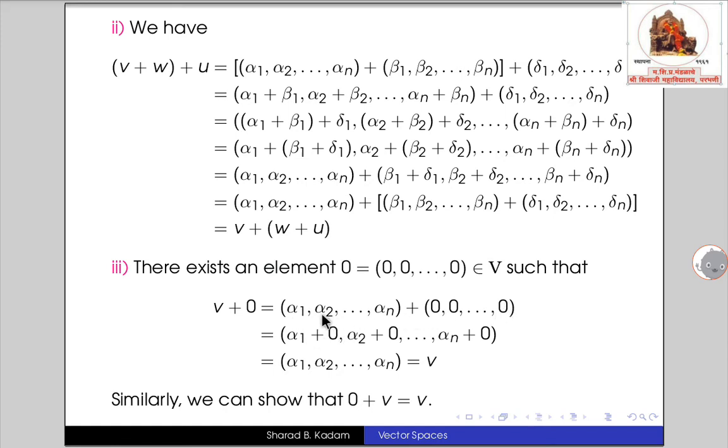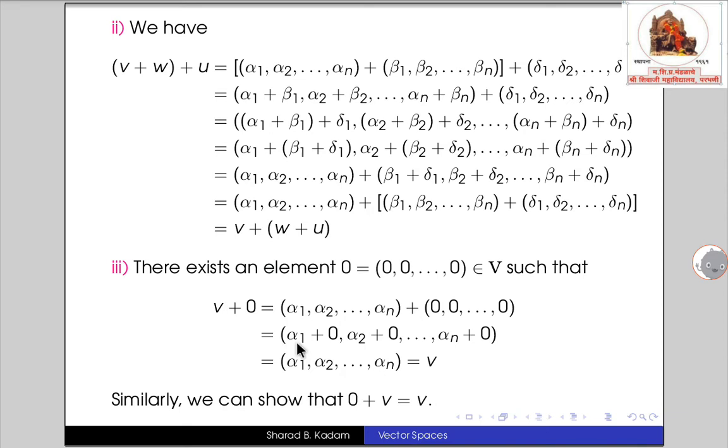So we add these two vectors component wise. So first component is α1 + 0, second component is α2 + 0 and last component is αn + 0. Here α1, α2, αn and 0 all are scalars.